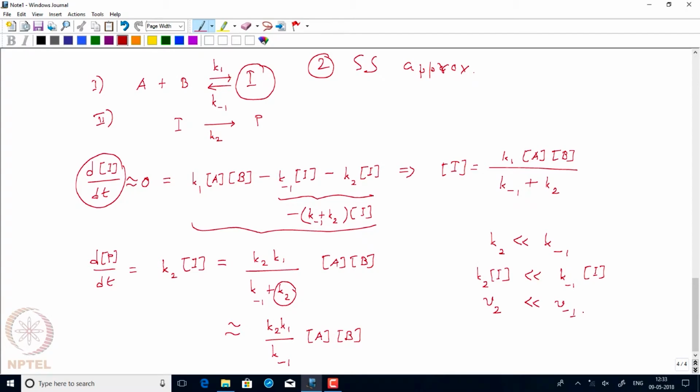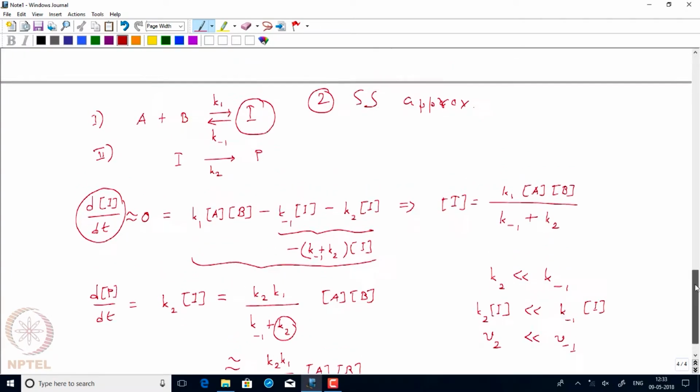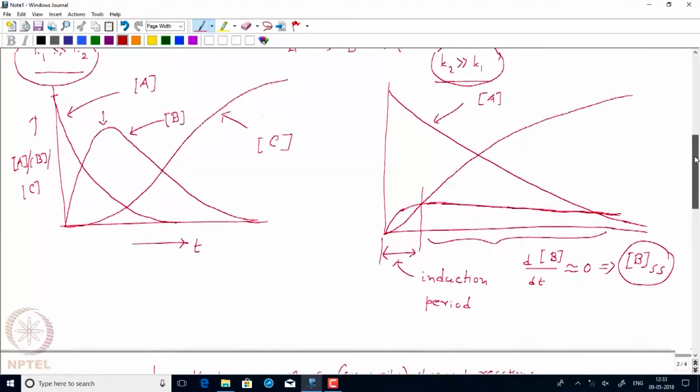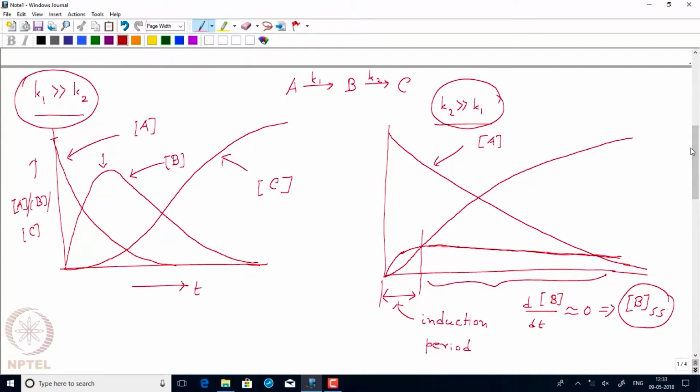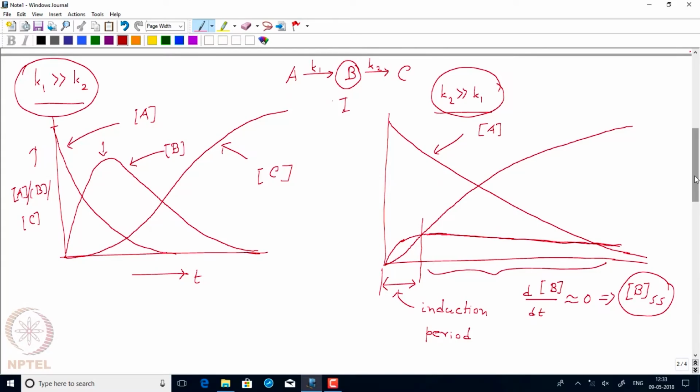Now if you remember our original steady state approximation, the way we arrived at it in the case of consecutive reaction, where A is going to B, and in our new notation B is nothing but that intermediate, and that intermediate is forming C. The steady state is achieved when the intermediate is rapidly removed.